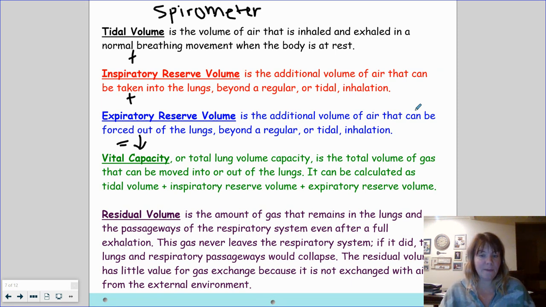You have to keep air in your lungs so that they stay slightly inflated, because if they collapse on themselves, you can't breathe. So residual volume is just there to keep those lungs inflated. It's not useful for any gas exchange, because there's no oxygen coming in and no carbon dioxide being transferred. It's just air that sits in there to keep our lungs inflated.